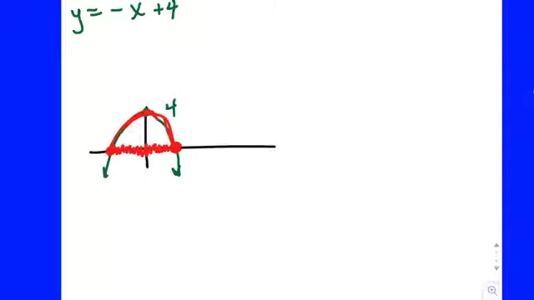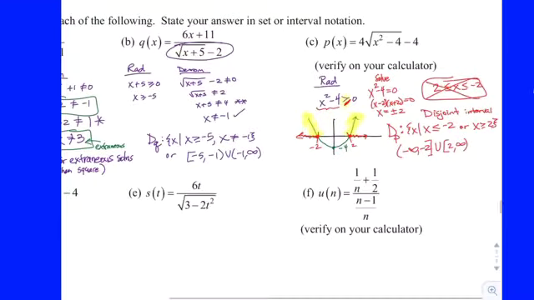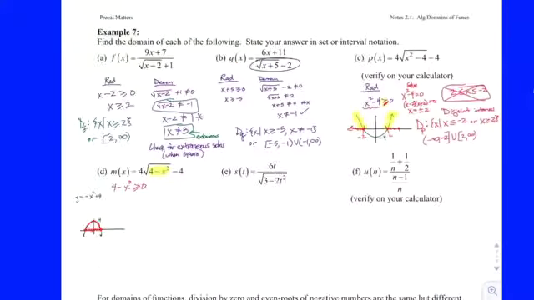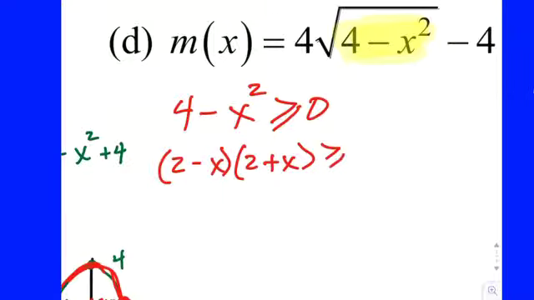So I need to find those x-intercepts, right? Now, in the previous problem, what I did is I actually went off to the side, and I set that equal to 0 to solve it. But if you would like, you could factor it right here. That's 2 minus x, 2 plus x. And you could say that that's still greater than or equal to 0 because the line above is equal to the line below.